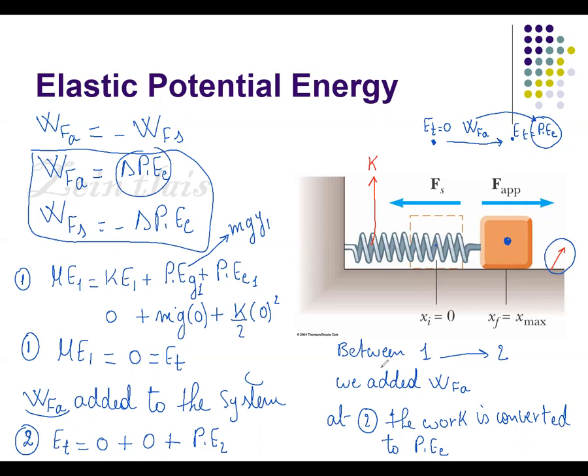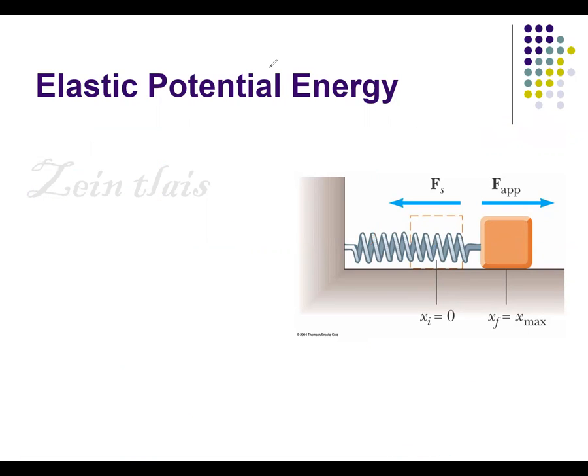I can give a simple example here. Let's say initially the object is at this position. We can say here position 1. And this is the initial position. Here we don't have Fa.